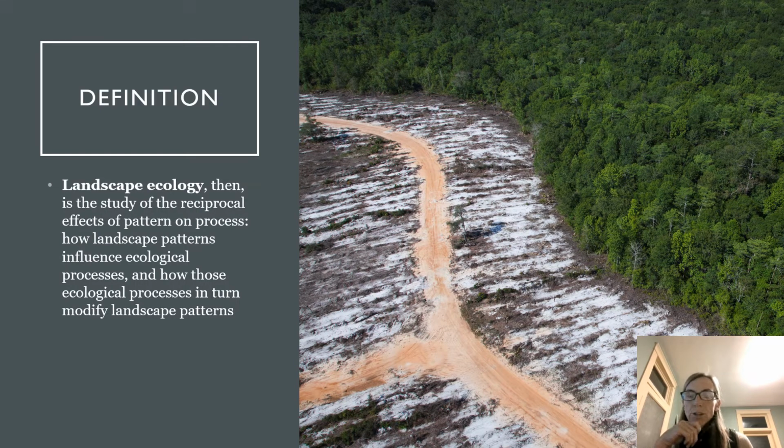A definition that has persisted for North America is that landscape ecology is the study of the reciprocal effects of pattern and process. And it's kind of nice to think about the simplicity of that definition.